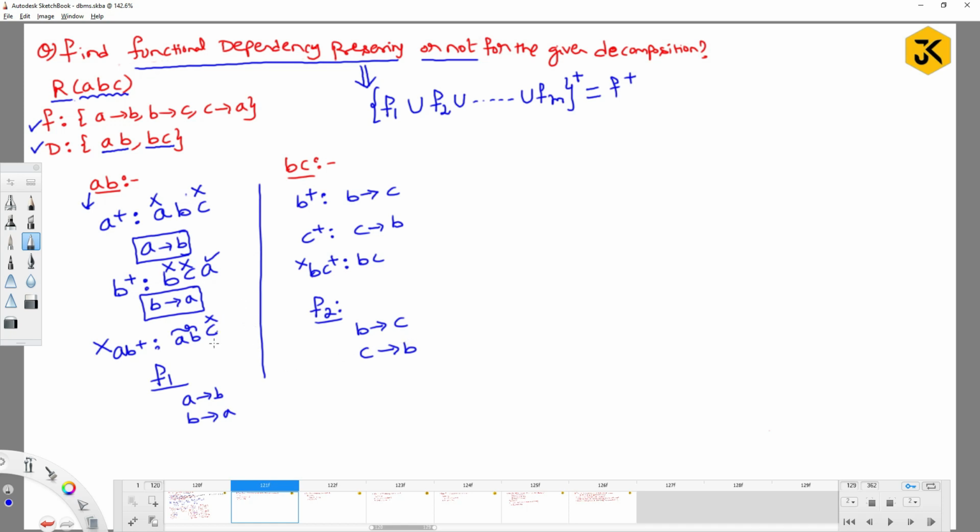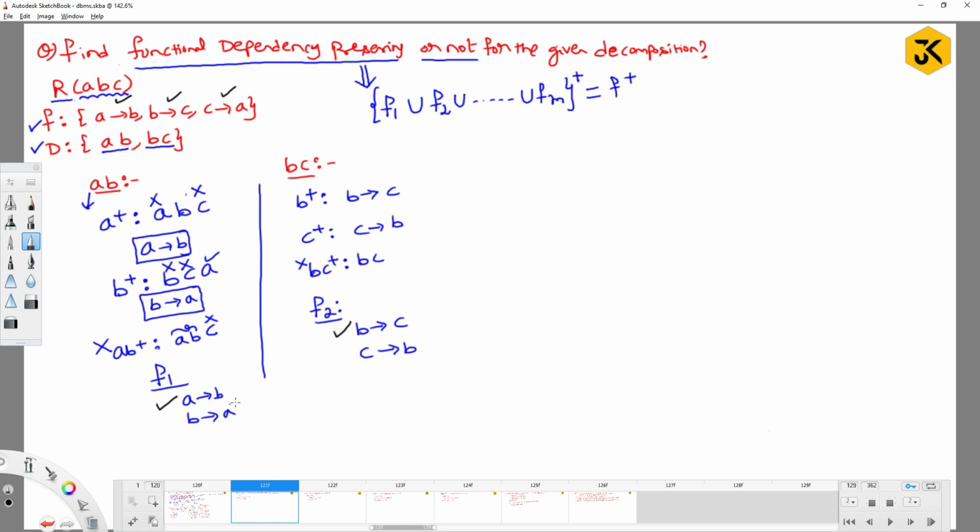Now you have to define whether it is FD preserving or not. For that, you can simply take one FD at a time from the actual FDs. A determines B. Is it possible from F1? Yes. Next, B determines C. Check. B determines C is possible. C determines A. Is it present in any of the sets of FDs? Directly it is not.